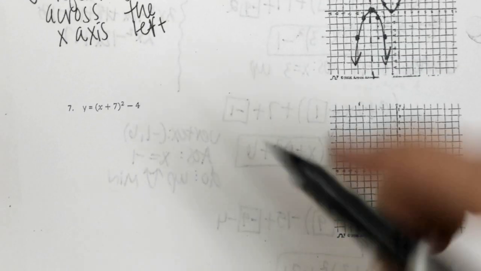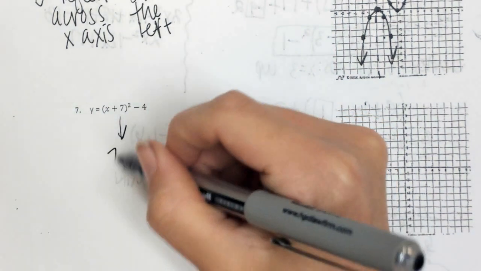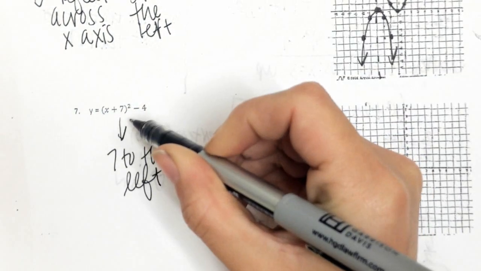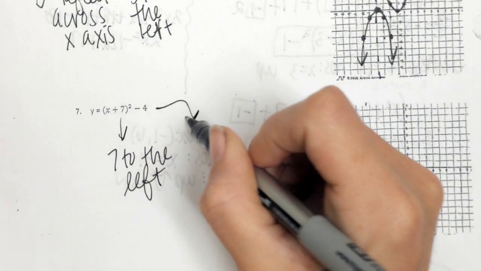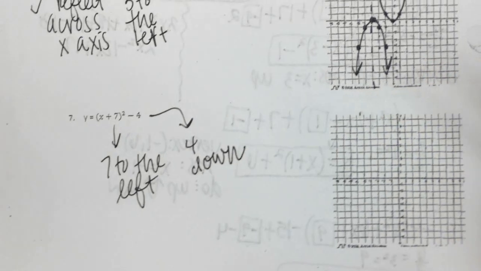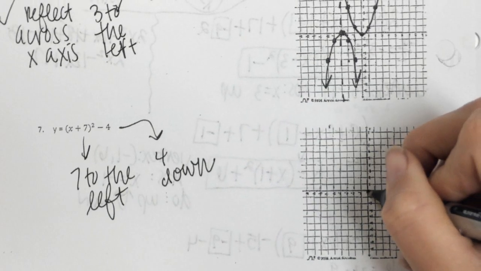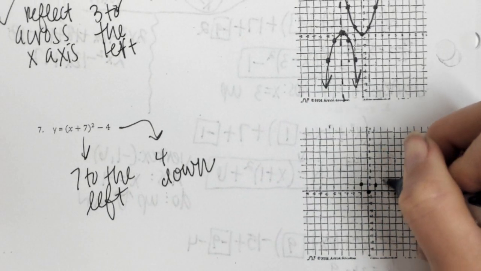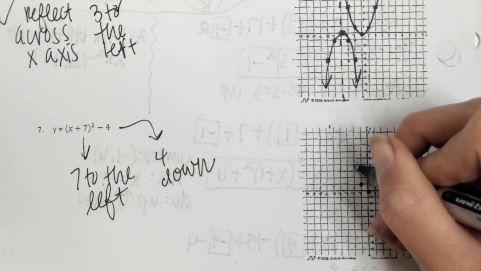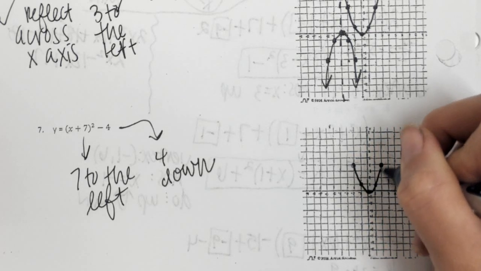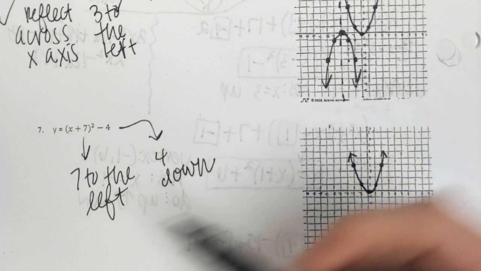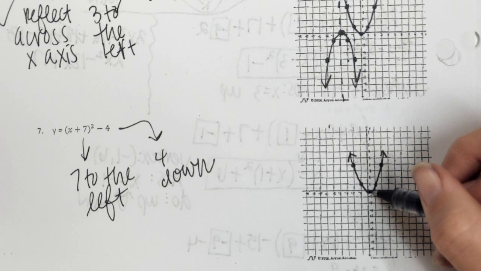Alright, so this one, it is moving 7 to the left, because x is a joker, 4 down. So I'm going to draw my parent graph first. 1, 2, 3, 4. 1, 2, 3, 4. Alright, now I'm going to move each point 7 to the left and 4 down.